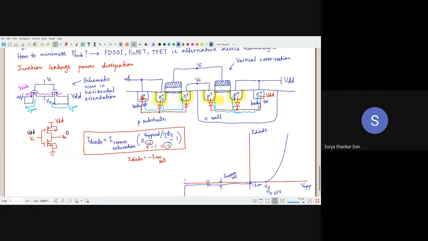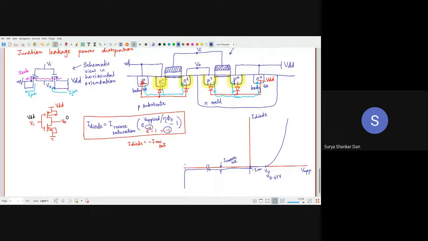Now comes the most interesting part. How to minimize this junction leakage? I have already taught you all this. Sir, somehow buried oxide.